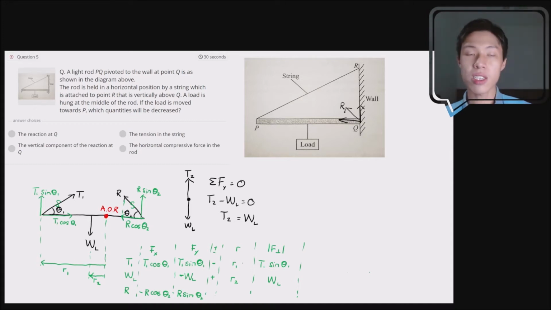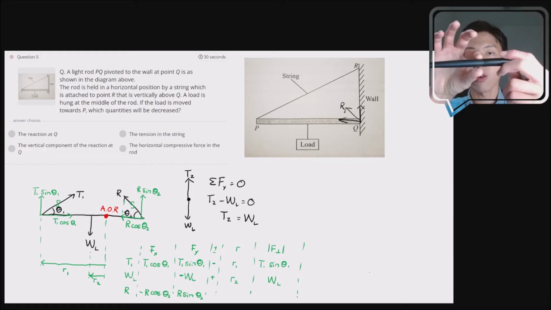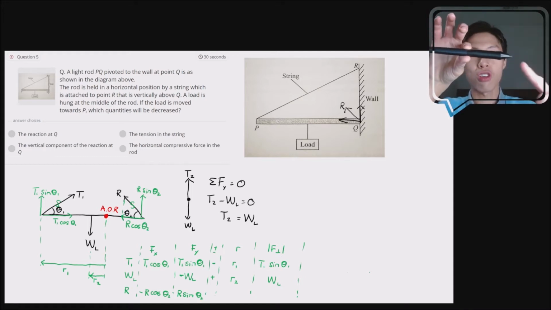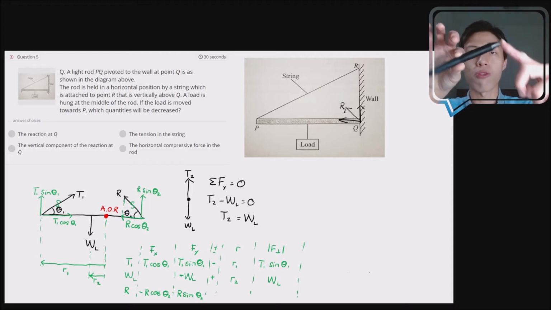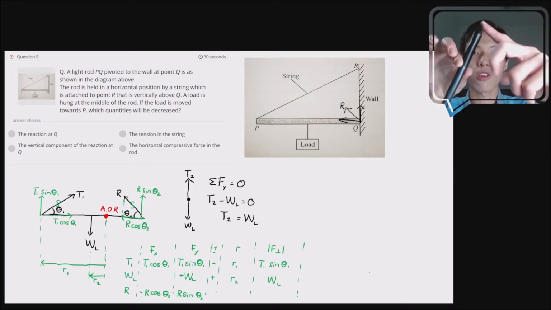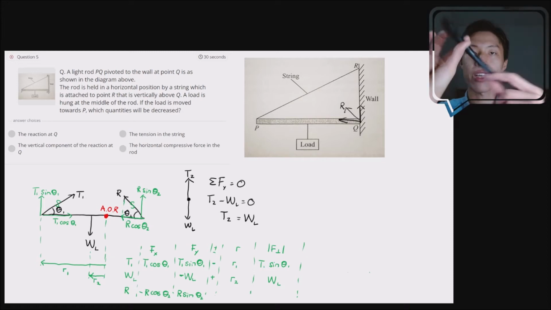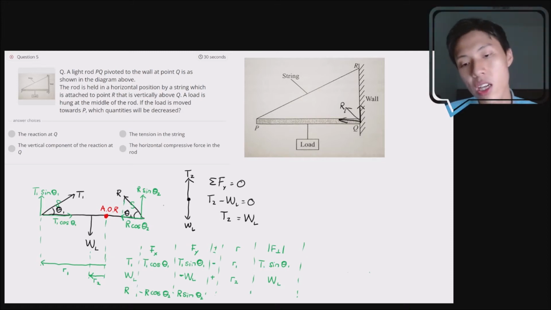Okay, so let's see whether this reaction force will produce a positive torque or a negative torque. So pin ourselves at the axis of rotation, try to push like the reaction force. If you push like the reaction force, you see that it will cause the pen to rotate anti-clockwise. So this is a positive torque.